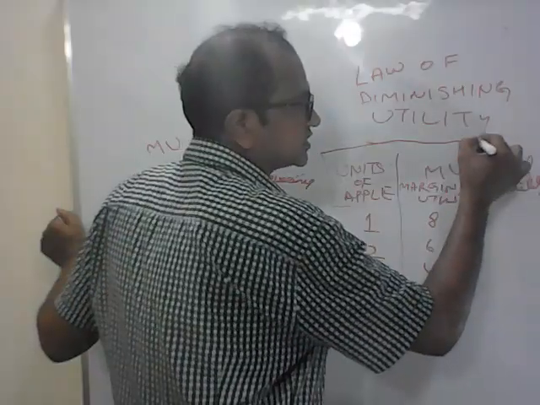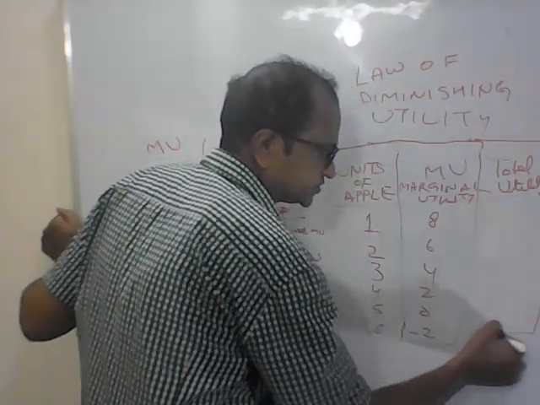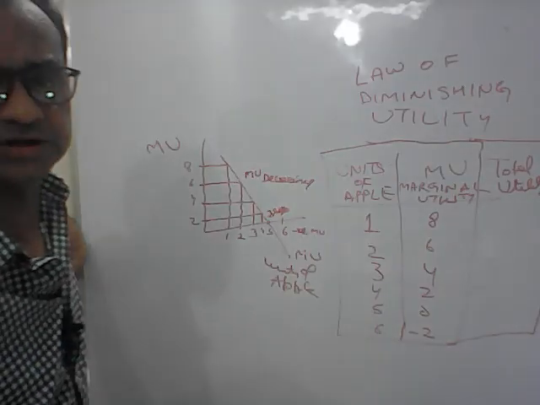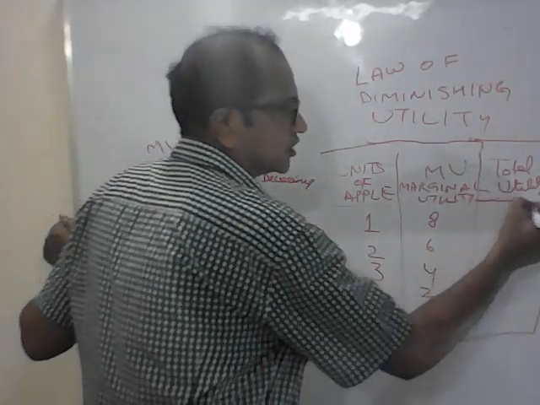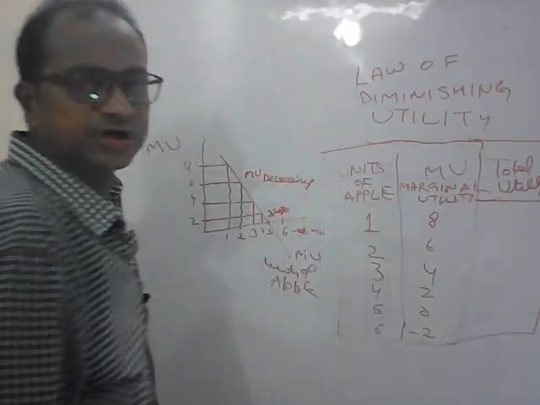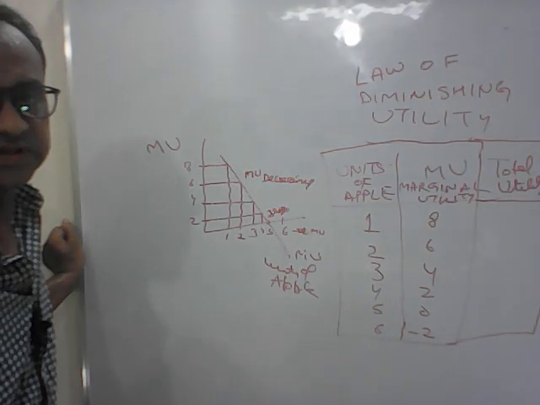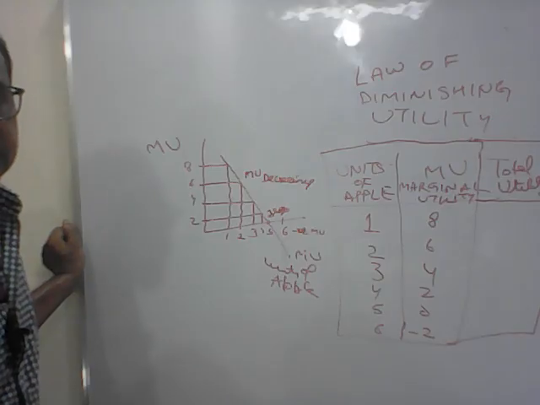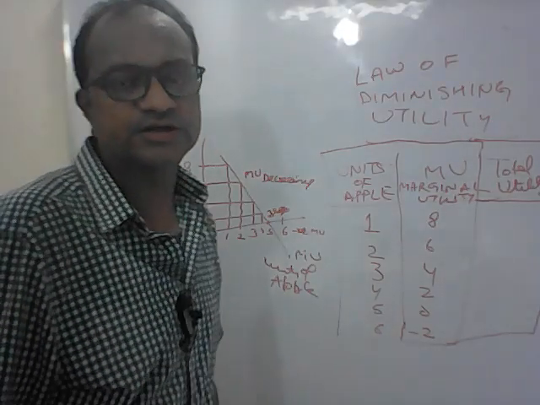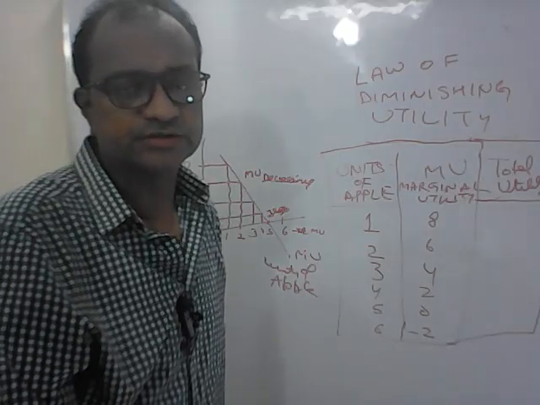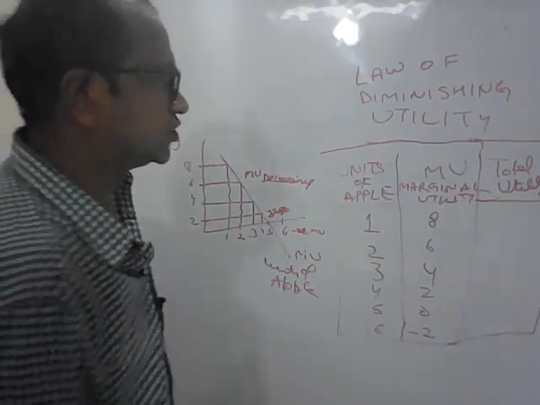Total utility is the sum total of the utilities which the consumer gets while consuming a single commodity. And as utility can be cardinally measured, Marshall described utility as the want-satisfying power of the commodity, and afterwards we can work out total utility.